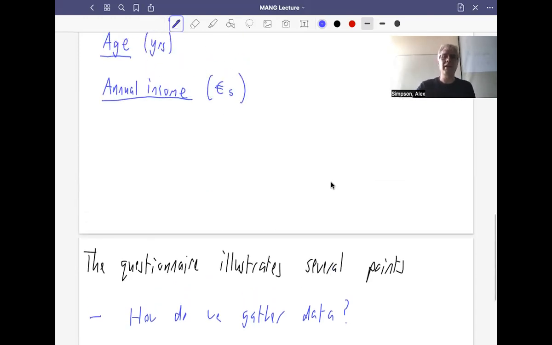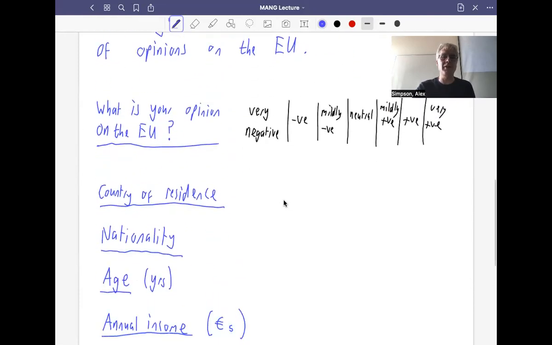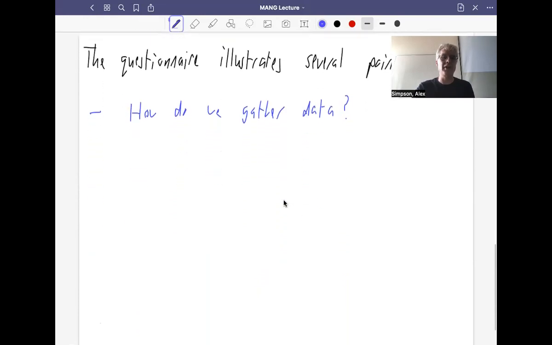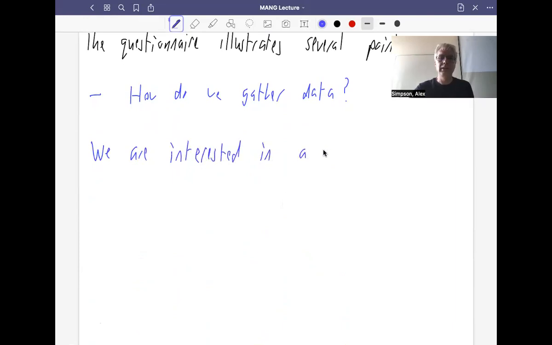So the collection of people that we're interested in their opinions of, that's all residents of EU countries, is called the population that we're surveying. We're interested in a very large population, let's just call it, to make it easier to write, huge population. So the population is the people we are surveying.